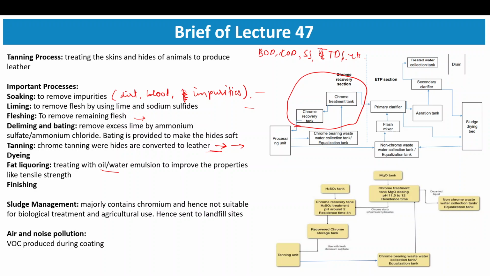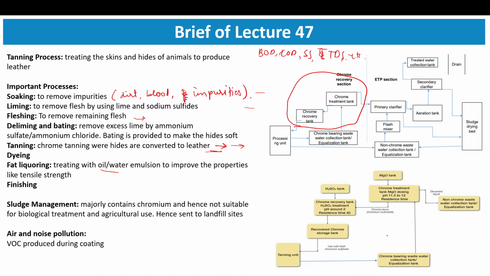So, chromium-bearing wastewater is collected and equalized, and here it is treated with MgO. This MgO reacts with chromium to form chromium precipitates, and this precipitate is converted to a usable form, chromium sulfate, which is recovered to the main process, right?